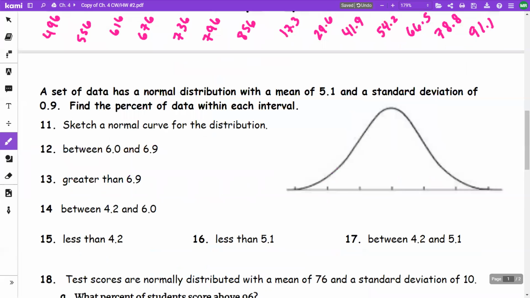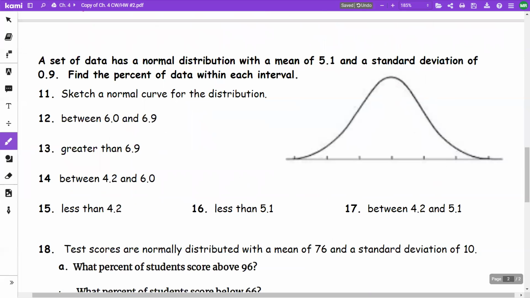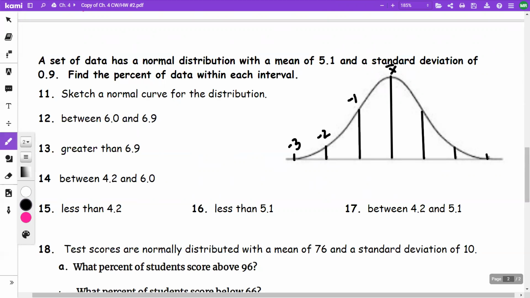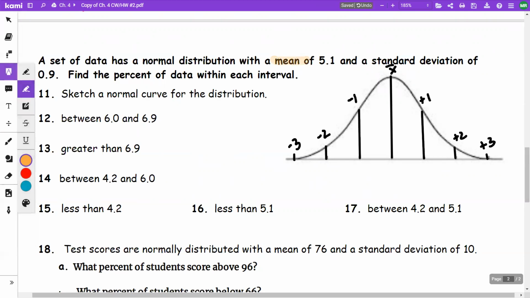Okay, so here we're going to sketch the curve. So mean, -1, -2, -3, +1, +2, +3. In this case, our mean is 5.1 and our standard deviation is 0.9.